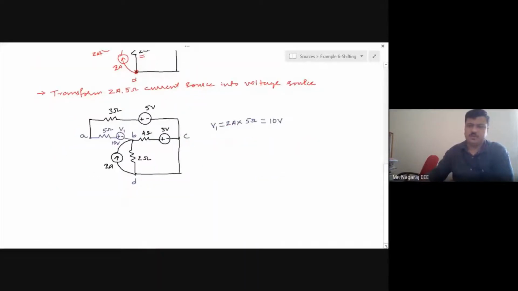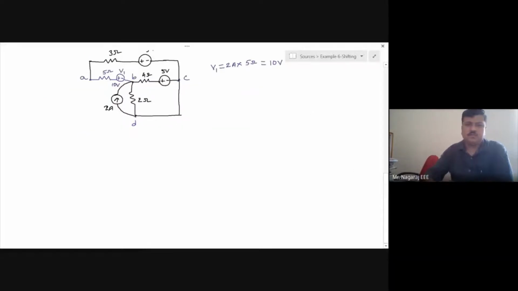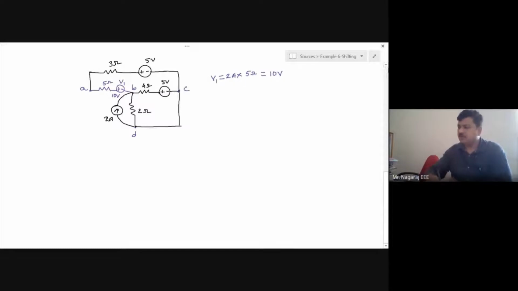Now you can observe here that two voltage sources are in series, 10 volt 5 ohms and 5 volt 3 ohms. Hence, I can take the effective value.